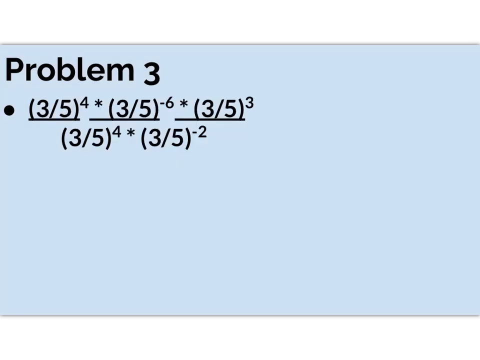Okay, this one looks very difficult, but I am going to show you how to separate these. We're going to deal with the exponents on the top separately from the bottom. If we do that, we'll see we have the same base. 3/5 is our base, and it will stay our base.